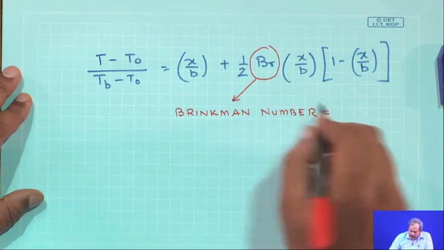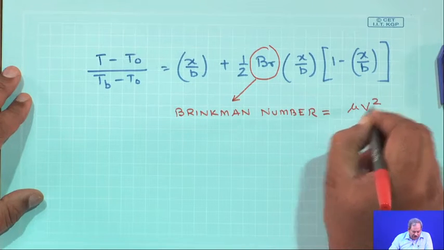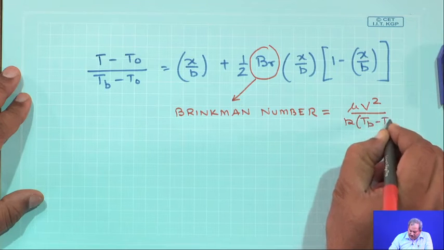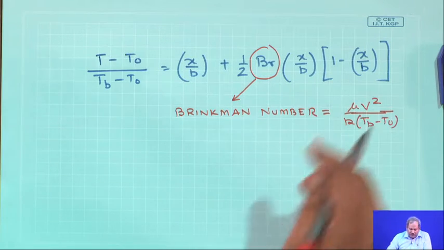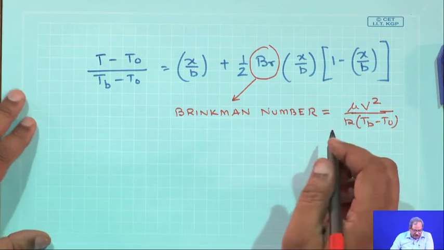And you would see when you do it on your own, this Brinkmann number is nothing but mu V square by k into Tb minus T naught. Once you solve it, you are going to get this as your number.